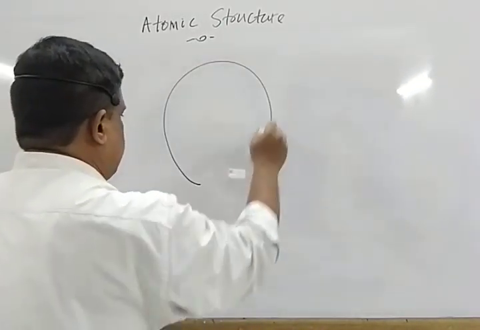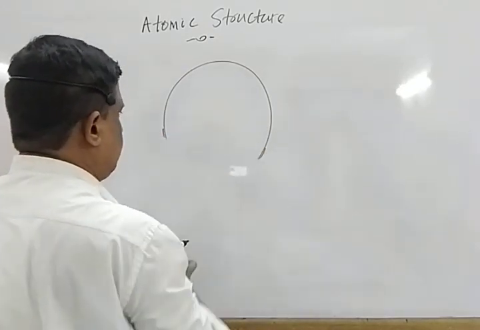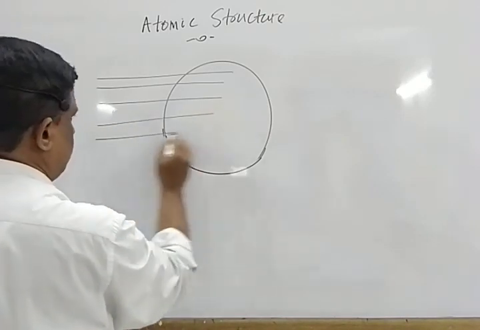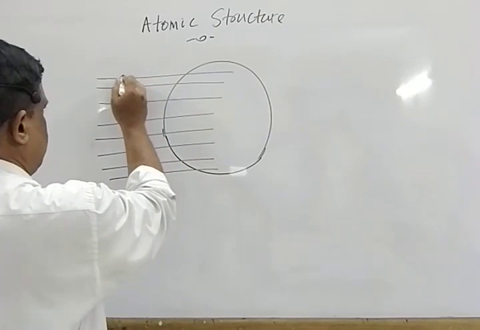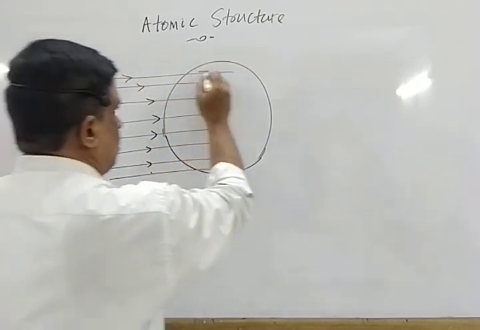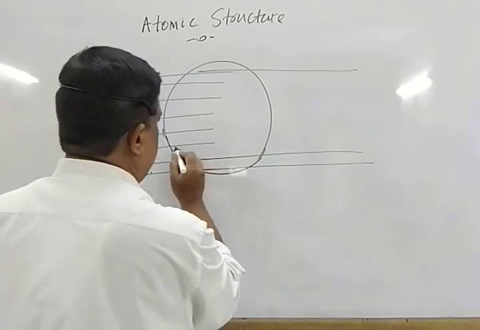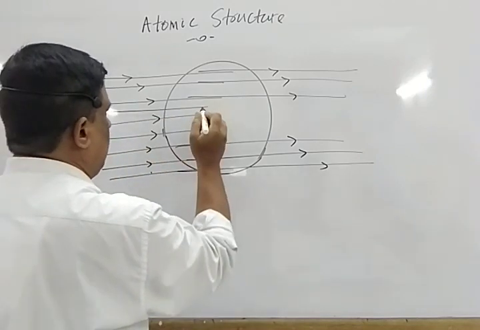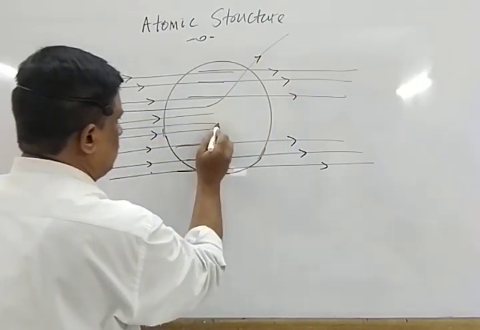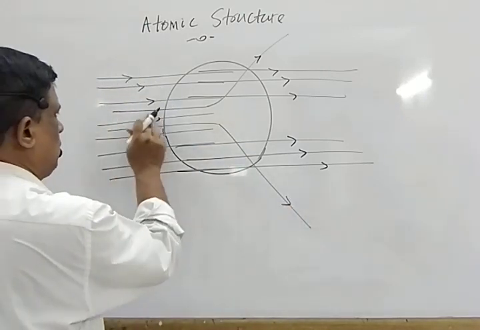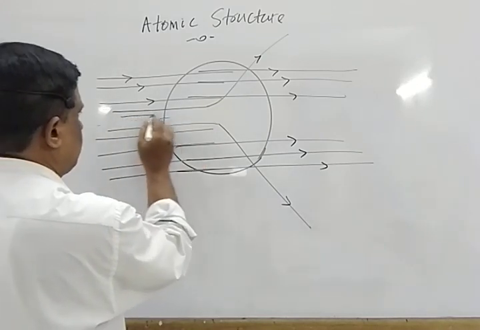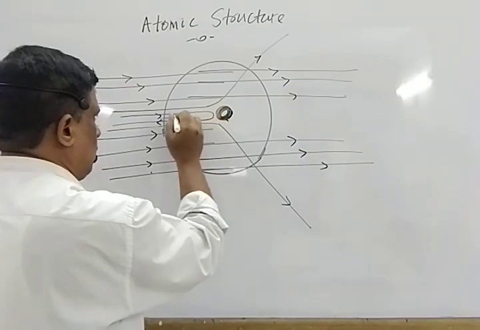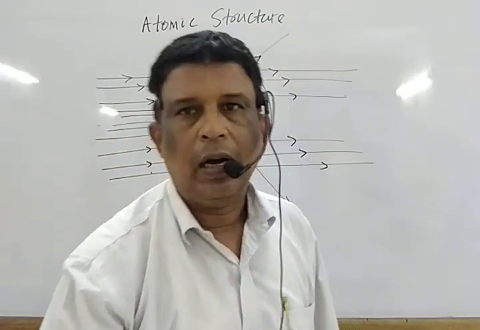He observed that maximum alpha particles move straight without any deflection, while a few make a little deflection, and a very few make a reflection, that means making an angle of 180 degrees.